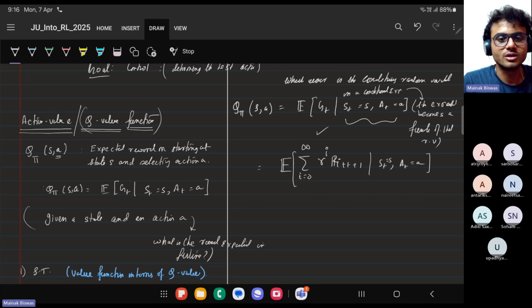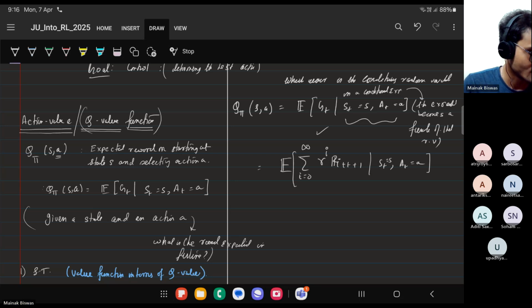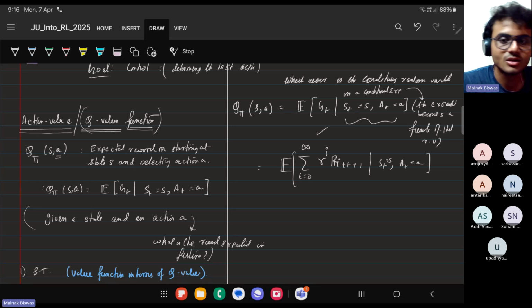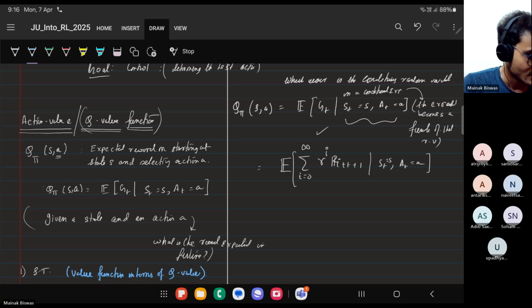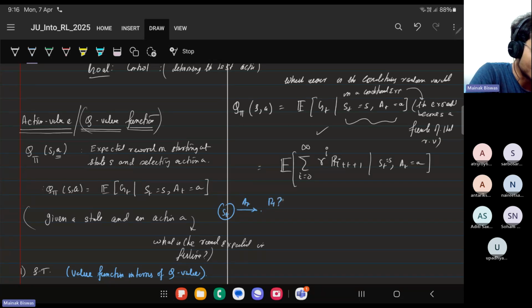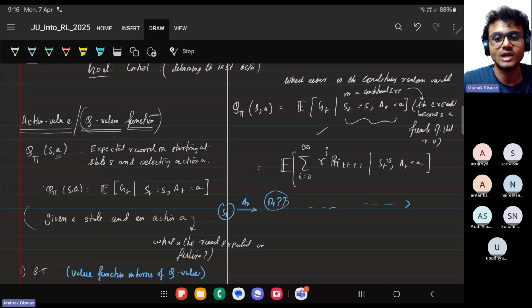So for example, if you're a college student and you take an action of not studying or not preparing for anything, you decide what your reward is going to be. So it's like the state ST is given, you take an action AT, and what is the reward you are going to expect over all the states, not just one state, till the end of your life, basically.